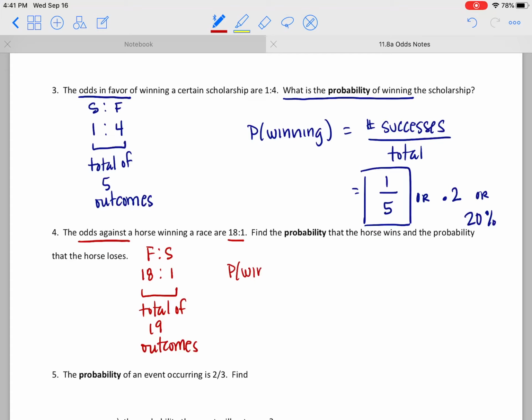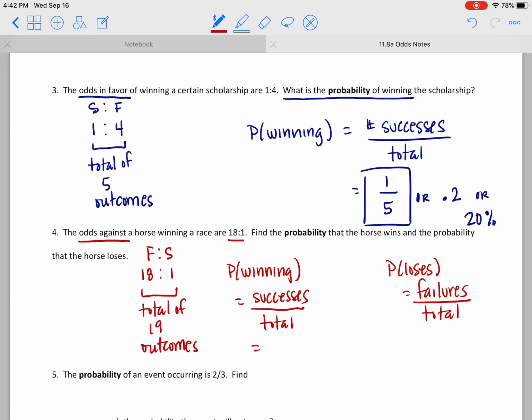So the probability of winning is going to be the successes over the total, and the probability that the horse loses is going to be, try to be uniform here, the failures over the total.